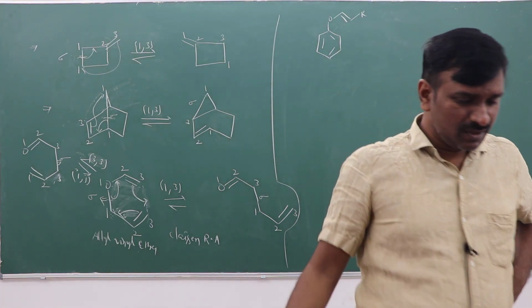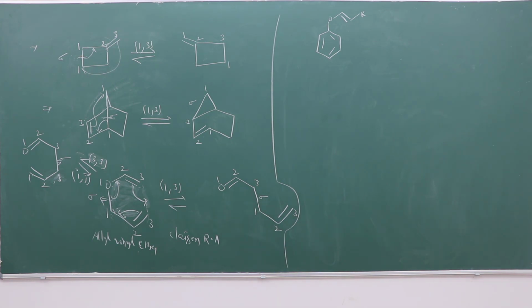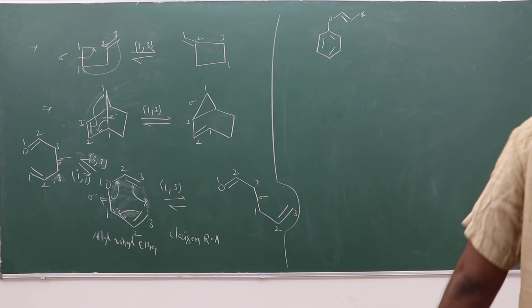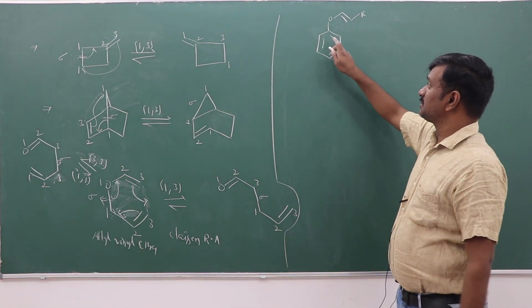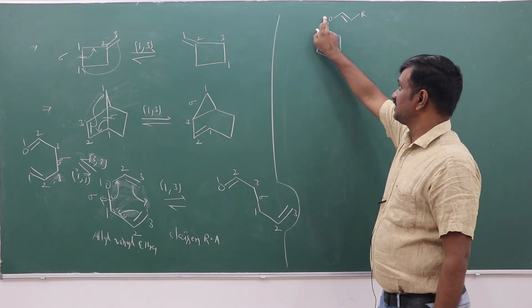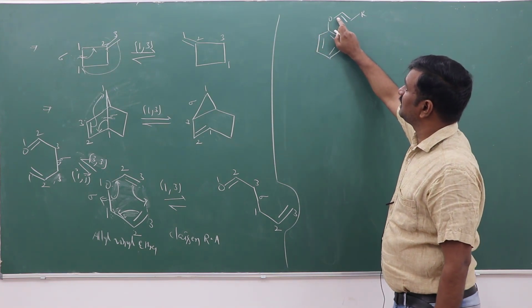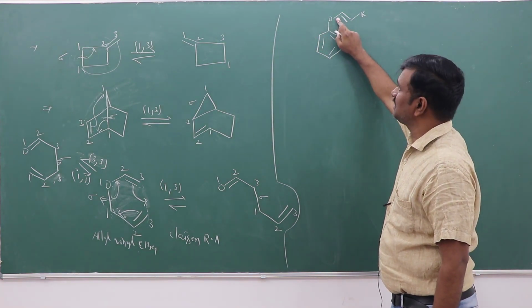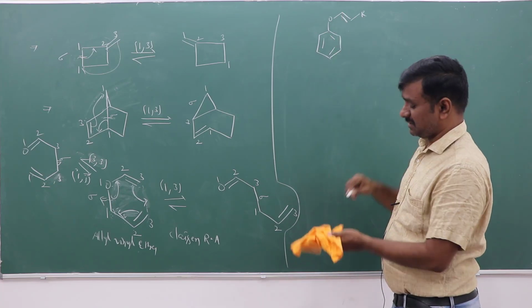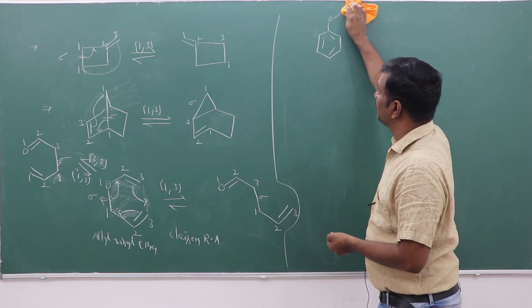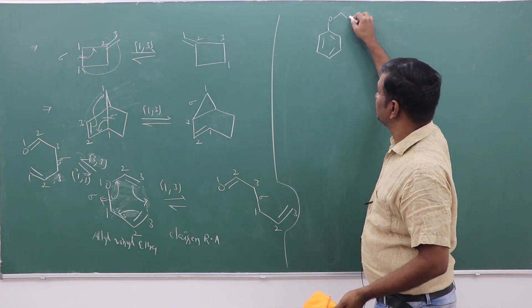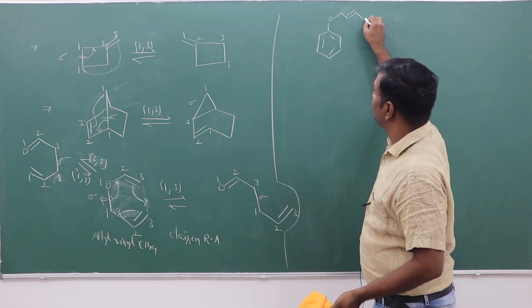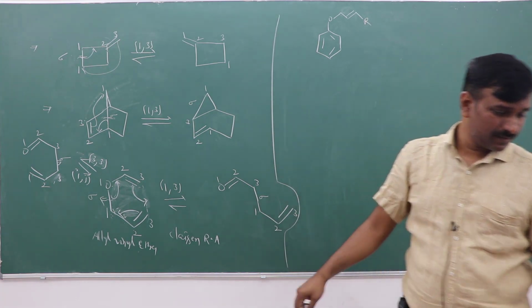In this type of example, here it is not possible, because with respect to this double bond, this is the unsaturation, but here the saturated sigma bond is not there, because this is attached to the double bond. So that's why I can modify it like this. Okay.